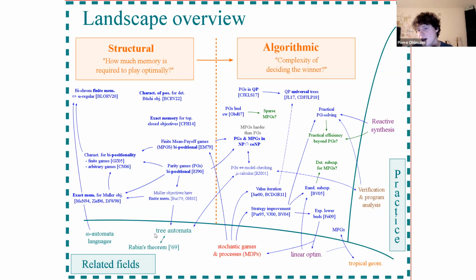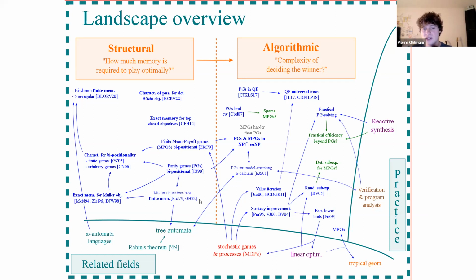Now, there is a way to understand tree automata as games: one player chooses the transitions in the automaton and the other player chooses the direction in the tree. This leads to the idea of considering games. This was an idea from Büchi, that maybe games can help in having a simpler proof of Rabin's theorem.